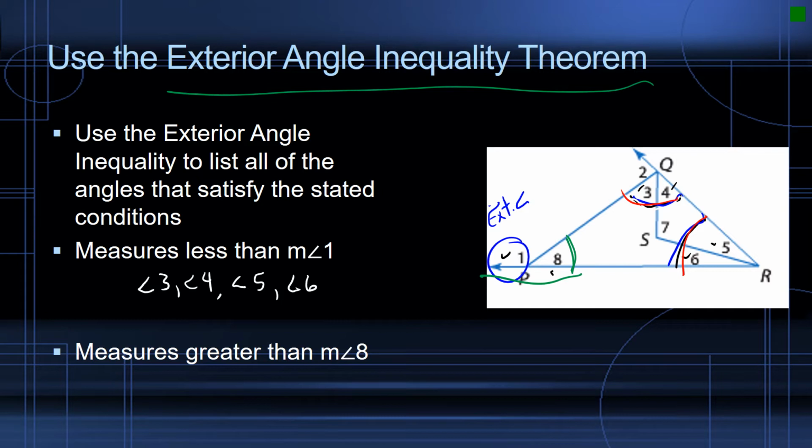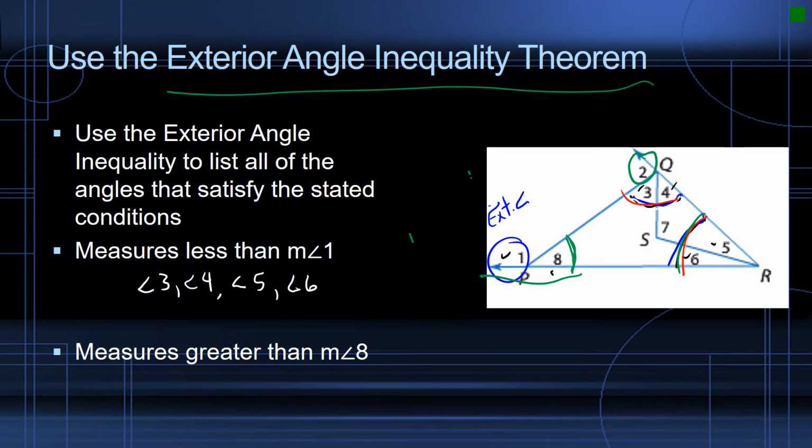But if I look up here, I see another exterior angle, which is angle 2. And the remote interior angles to angle 2 would be angle 8 and angles 5 and 6.